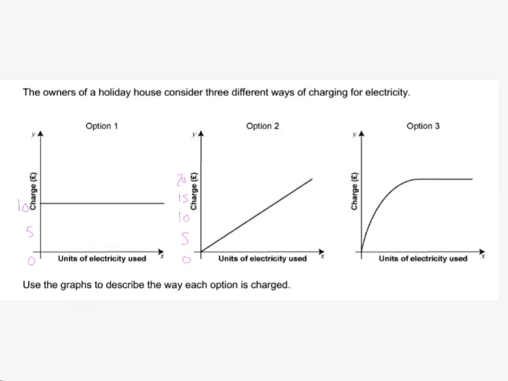Because the line is steep, with a horizontal line, it's a constant charge. But with a steeper line, the charge will be increasing with the units you use. Now, for graph A or option 2, you will say that the more electricity that you use, the more money that you will pay.